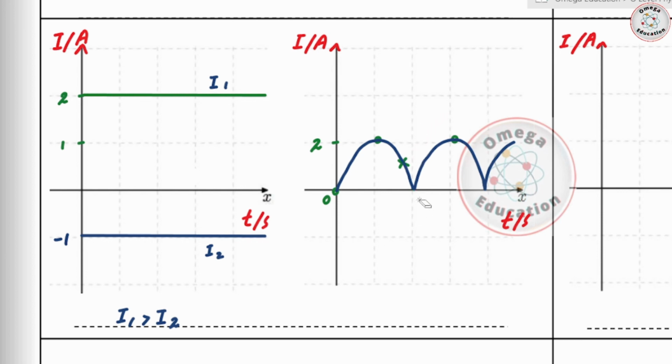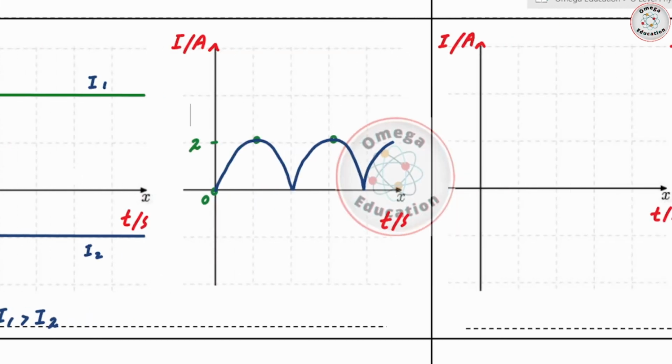I'm going to represent the waveform of another kind of current. Here I'm going to draw another waveform of current that looks like sawtooth.